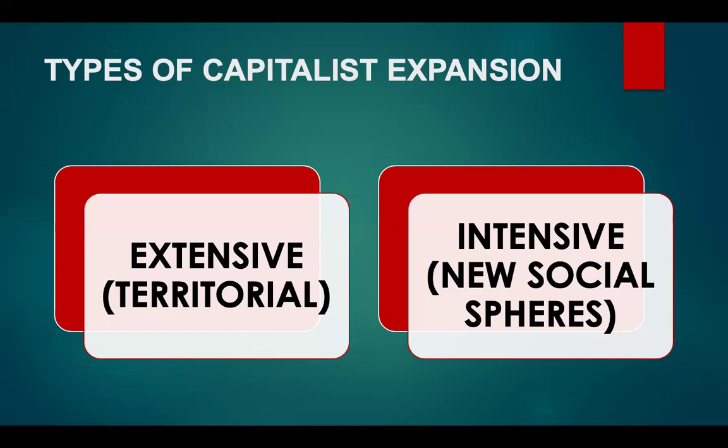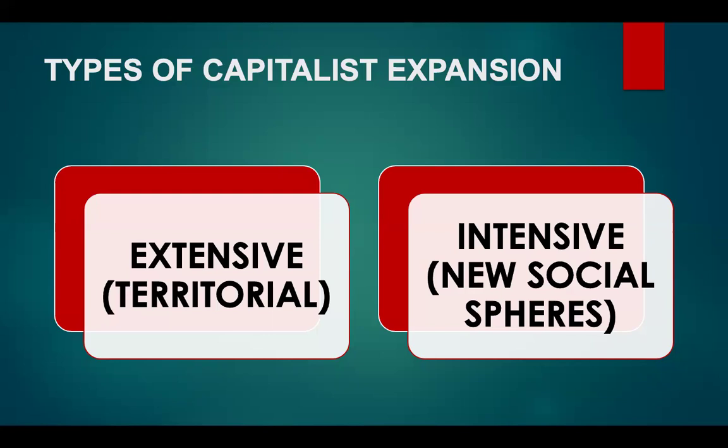Let's talk about extensive capital's expansion, the geographic spread of capitalism. Extensive expansion refers to the outward spread of capital's economic systems into new regions, territories, and populations that were previously outside of capital's production and exchange.